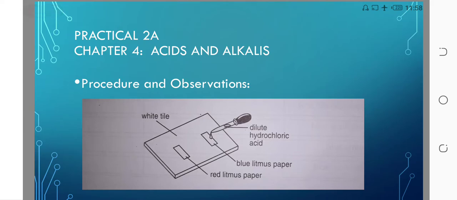After dropping it on the litmus paper, we have to record the color change. If there is any color change in the litmus paper, you have to note it down. Then clean the dropper, remove the litmus papers and wash the white tile.